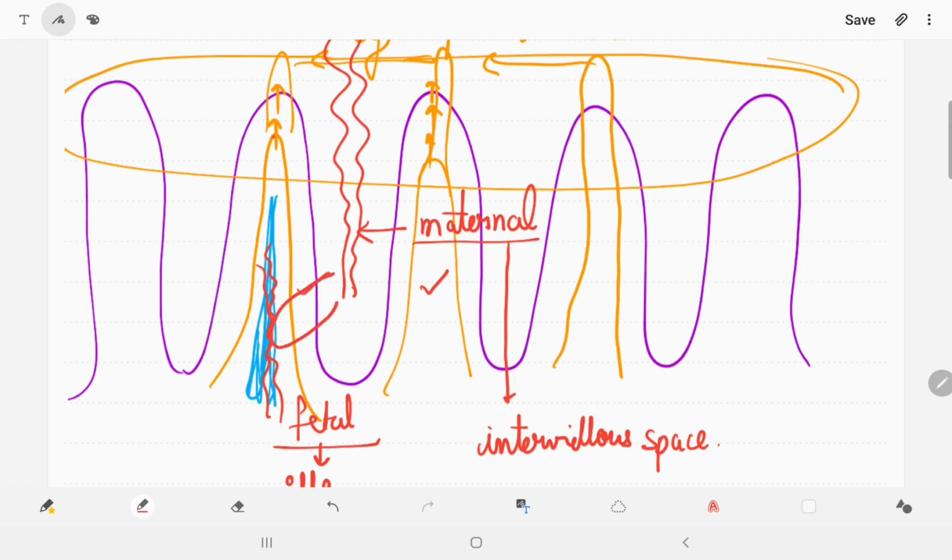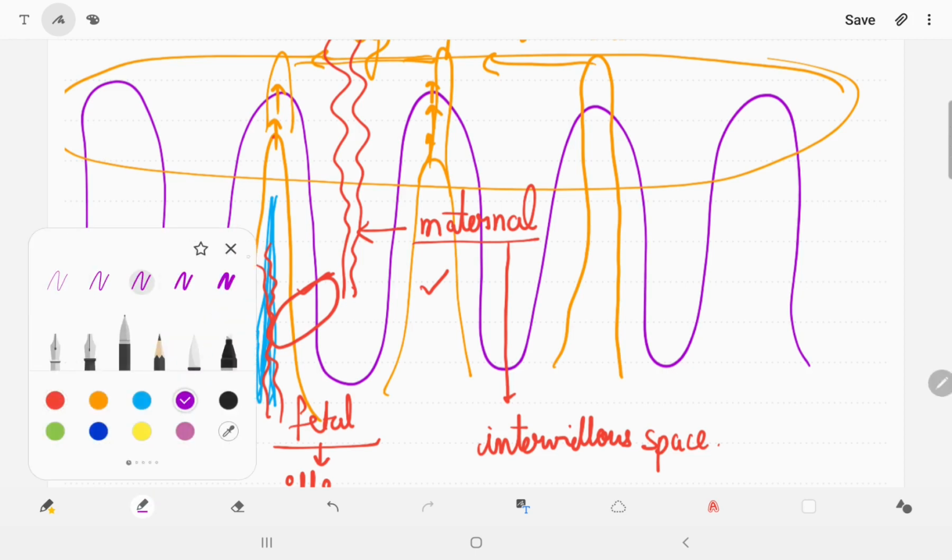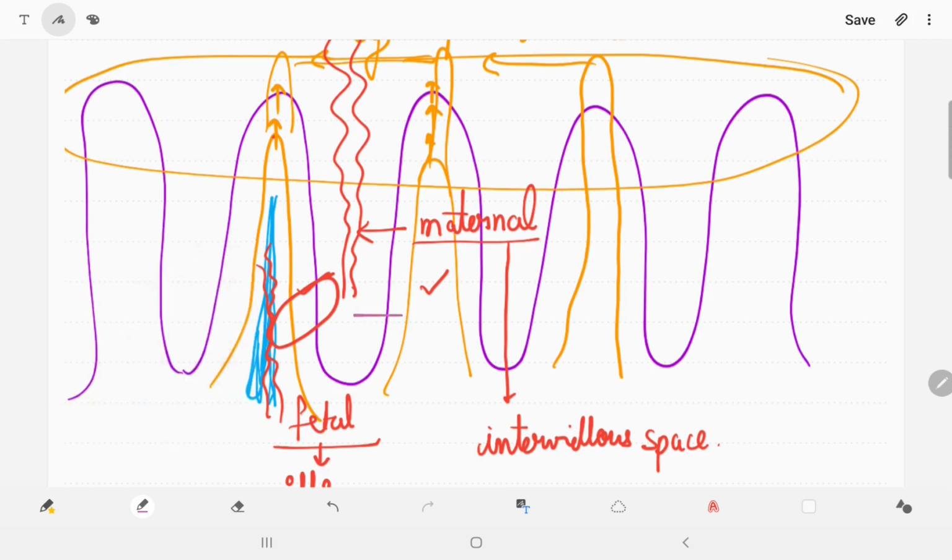This is known as the placental barrier, right? So they will not combine. But what they will do is, they will exchange a lot of things. They will exchange oxygen, carbon dioxide, nutrients. So they are exchanging a lot of things, and that is the function of the placenta.